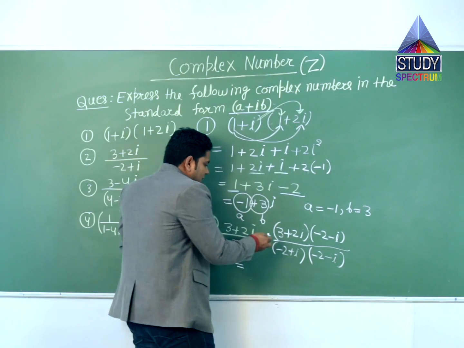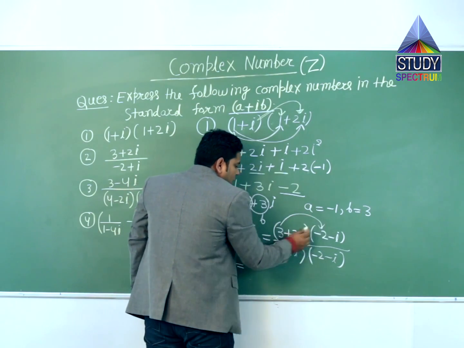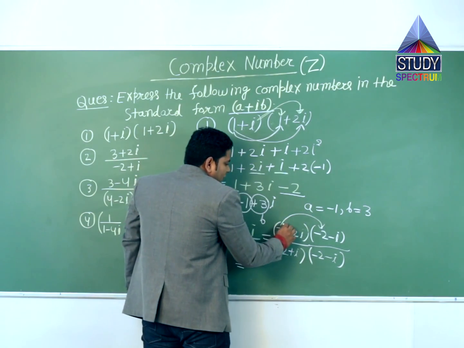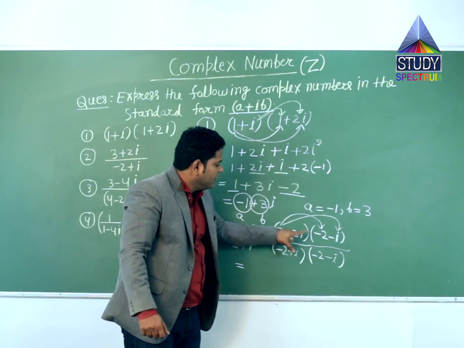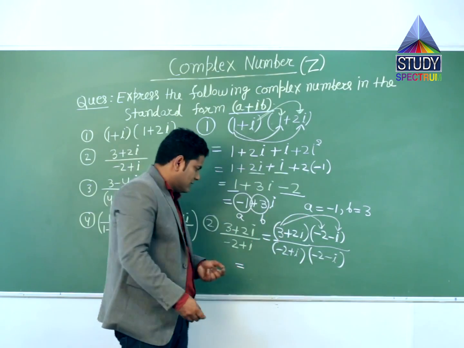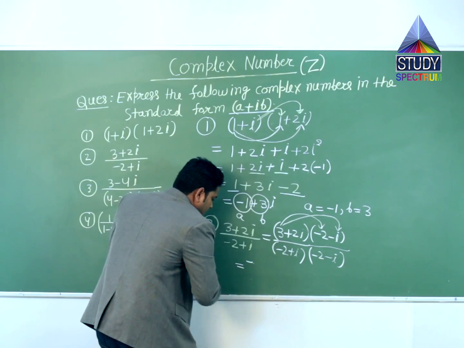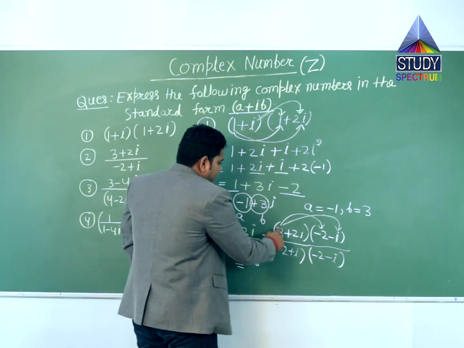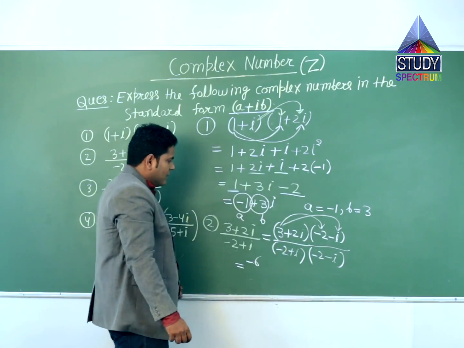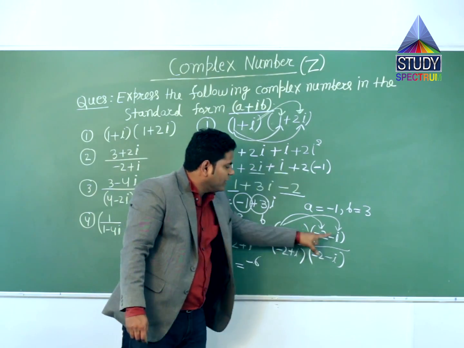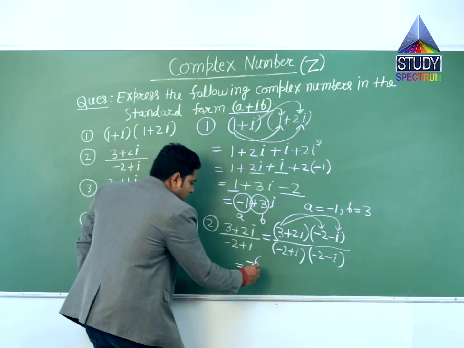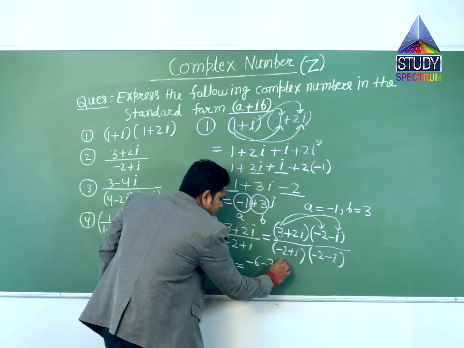So here 3 will get multiplied with minus 2, and this 3 will get multiplied with minus i. So it will be plus 3 into minus 2 is minus 6, plus 3 into minus i is plus into minus is minus, and 3 into i is 3i, so we write minus 3i.